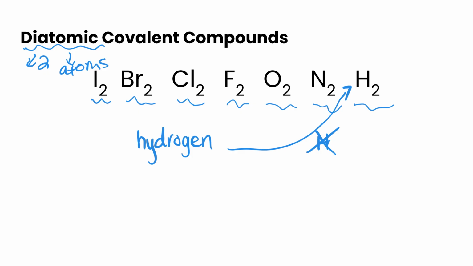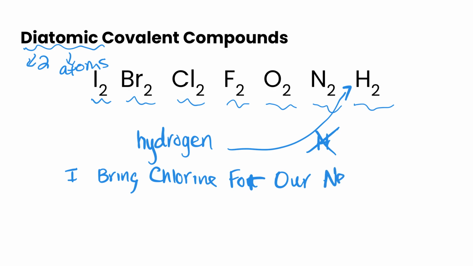Now, you might be wondering, how do I remember what these all are? There's a couple of different sayings that you could use. The ones I like to use are acronyms, using the first letter of each of the elements in a sentence to help you remember. So one could be, I bring chlorine for our new hot tub.